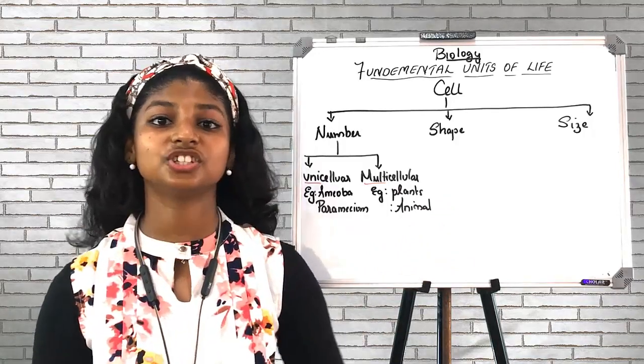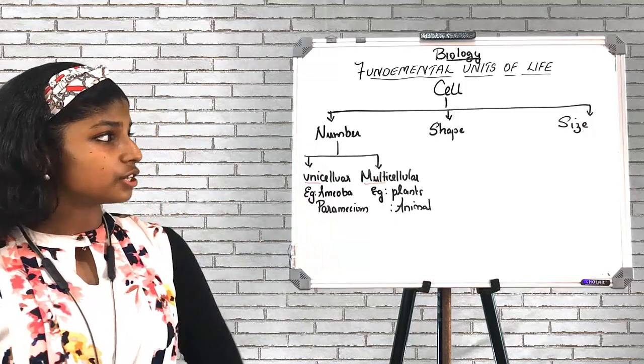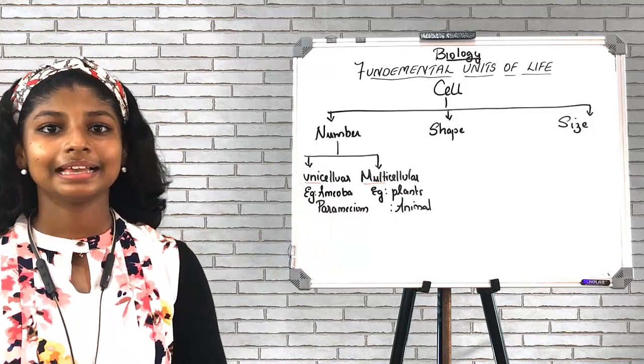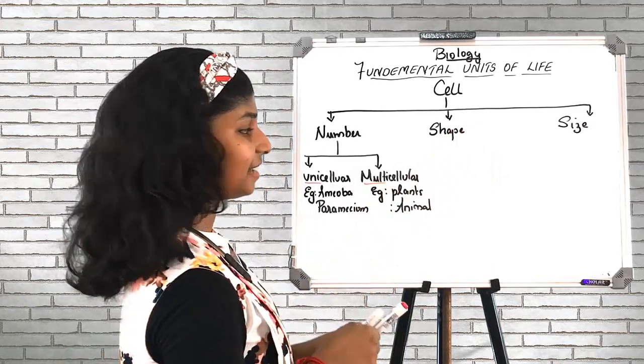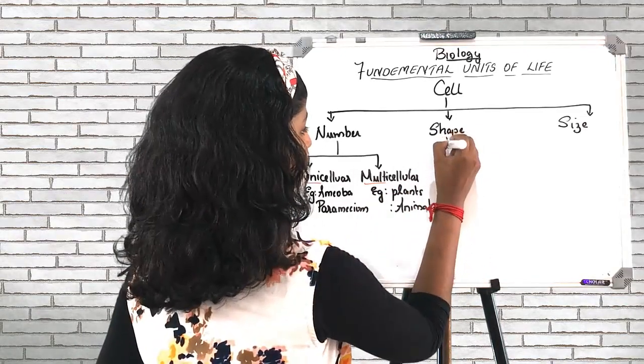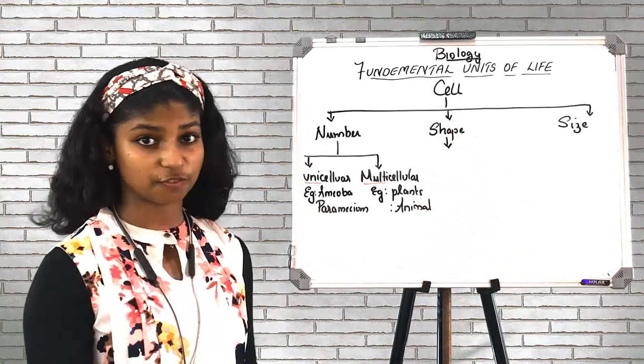Next we have the shape. According to the shape, cells can be classified. There are different types of shape.